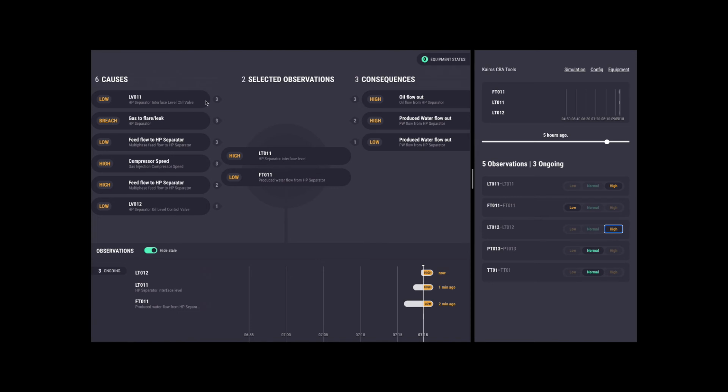It is either a closed valve, we may have leakage or flaring of gas, we may have a low feed to the separator, or a high compressor speed. This compressor is what controls the pressure in the separator. Or a high feed flow to the separator.